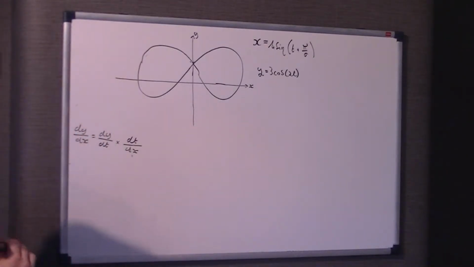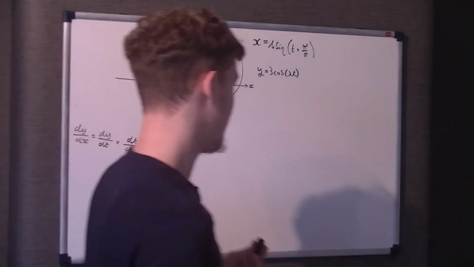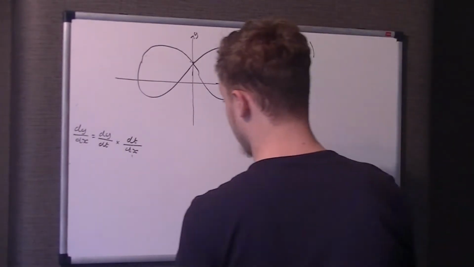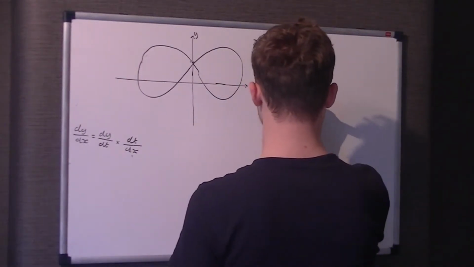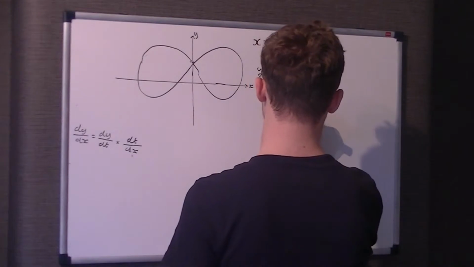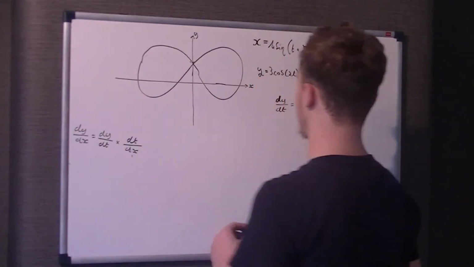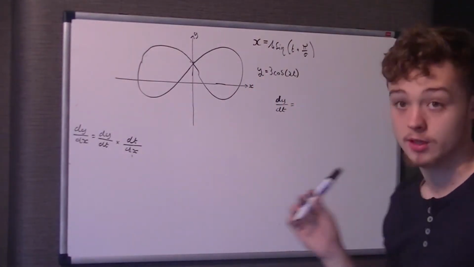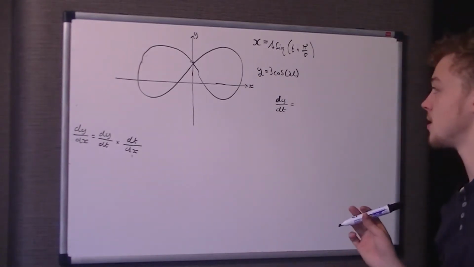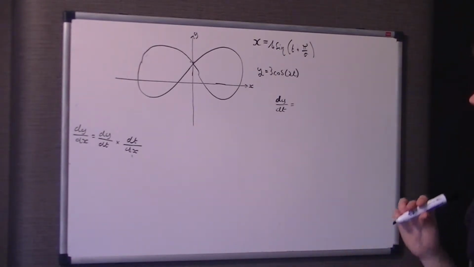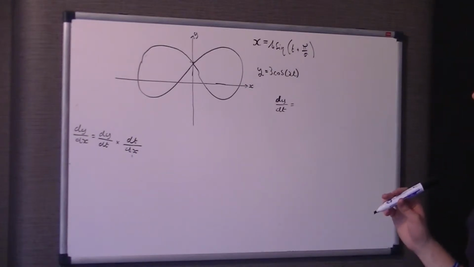What I'm going to do is break this up, working out what dy/dt is and what dt/dx is. So dy/dt is the y equation differentiated with respect to t. We can do that straight off the bat, we don't need to rearrange anything. So 3 cos 2t.